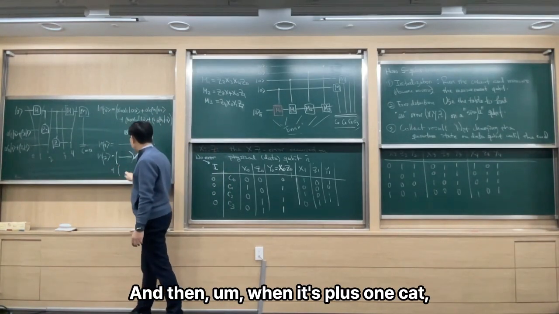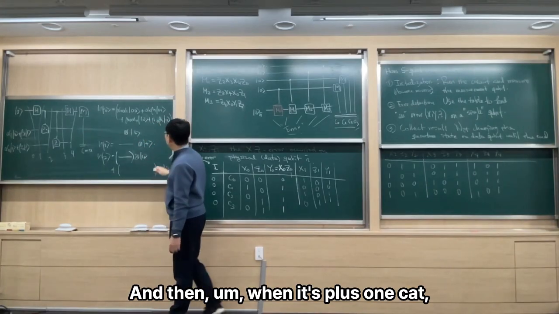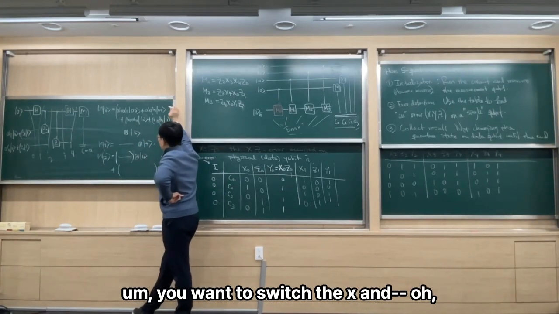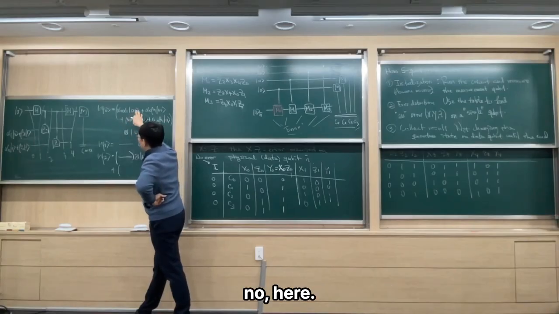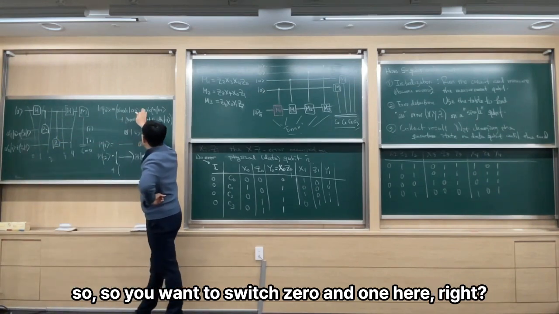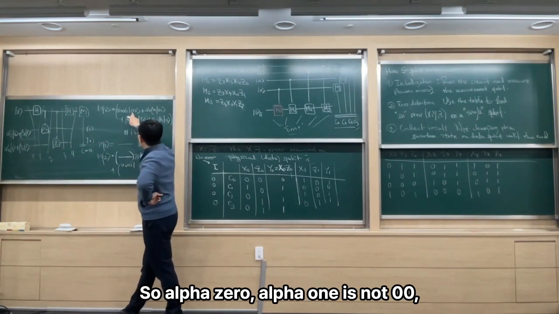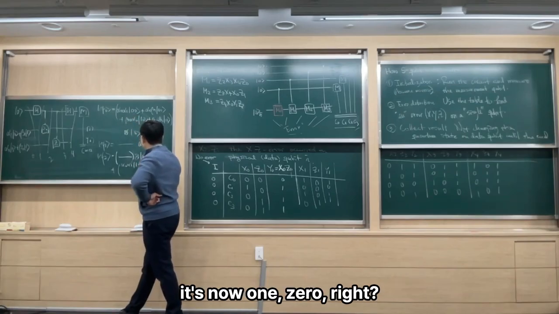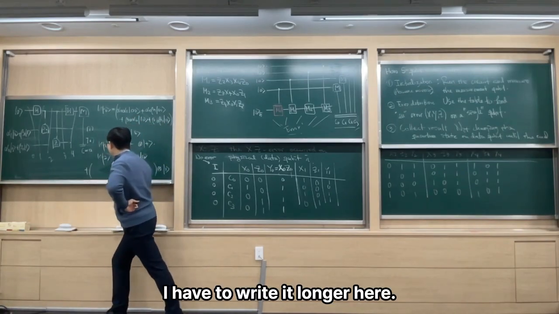And then when it's plus 1 ket, what happens is you want to switch the X here. This is 0 and this is 1, so you want to switch 0 and 1 here, right? So alpha 0, alpha 1 is not 0, 0. It's now 1, 0, right? I think I have to write it longer here.